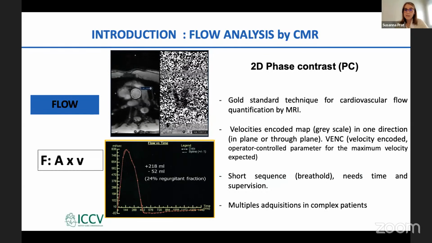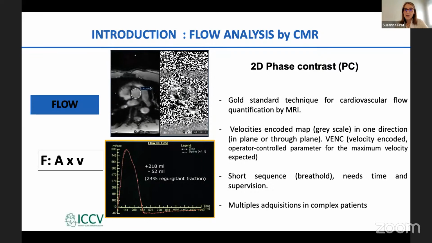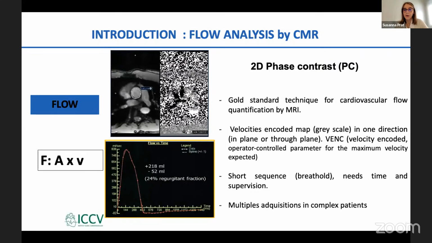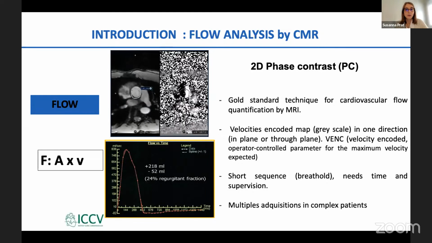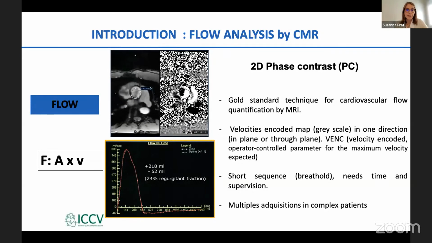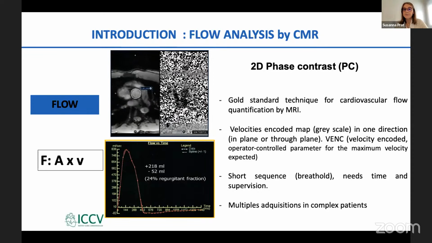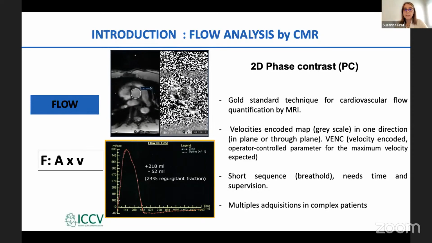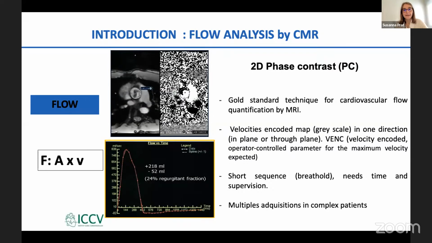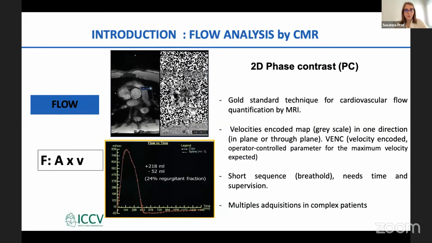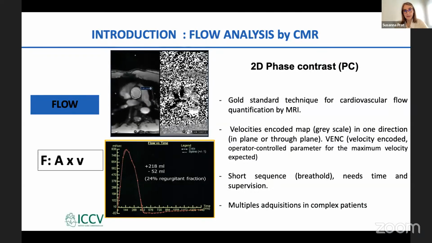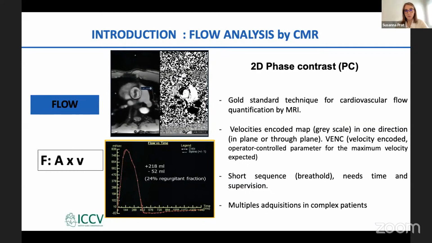For this sequence, we need to establish a parameter called VENC, the velocity encode, which needs to be controlled by our operator or technologist, and is the parameter for the maximum velocity expected to avoid aliasing. This parameter is very important because we need to establish it before scanning.